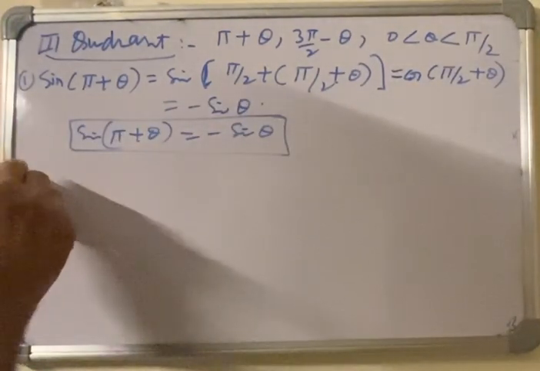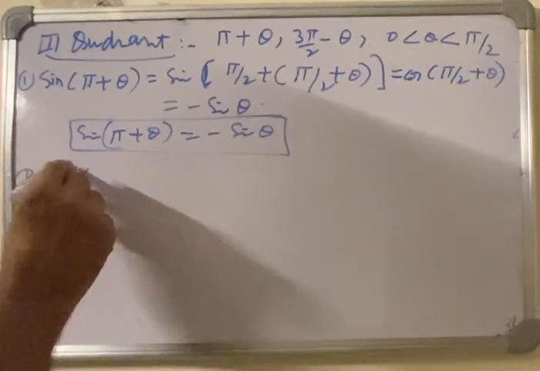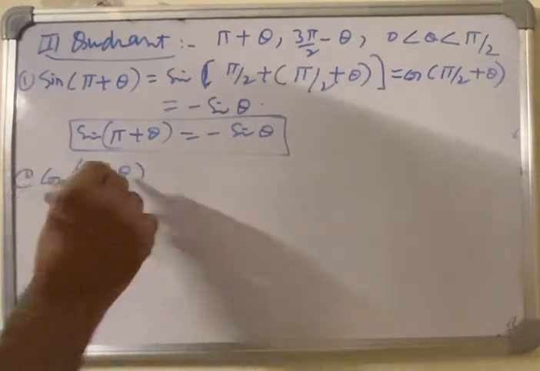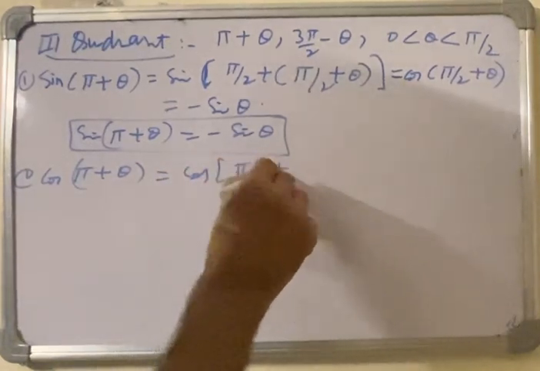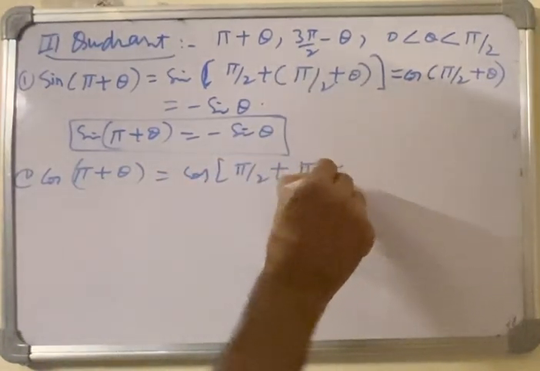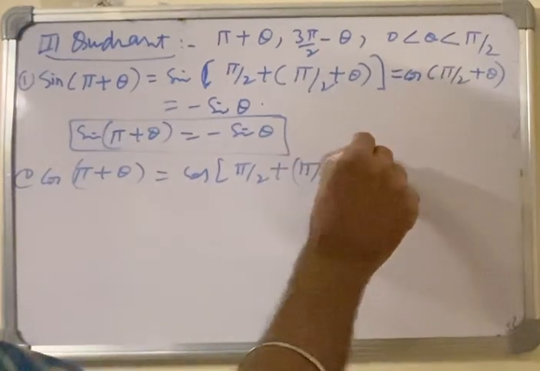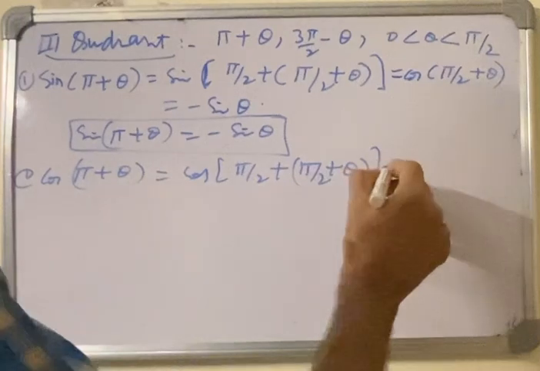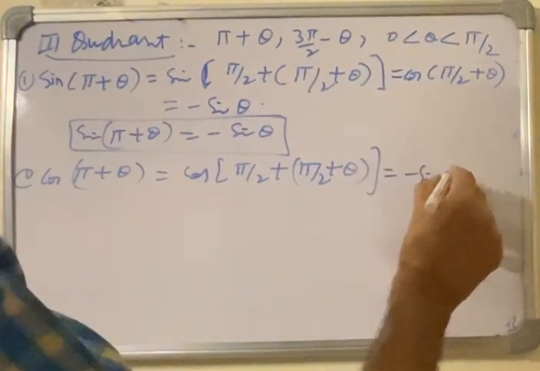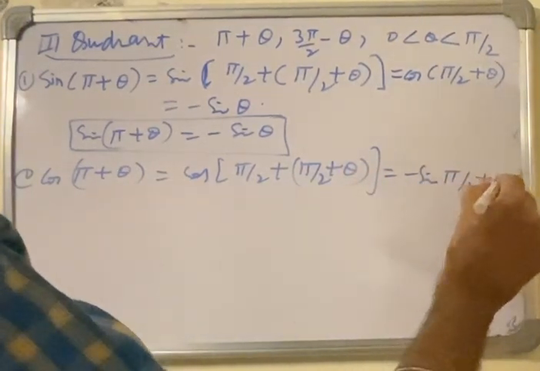Then we take cos pi plus theta, which is cos pi by 2 plus pi by 2 plus theta. Cos in the second quadrant is negative. It is minus sine pi by 2 plus theta.